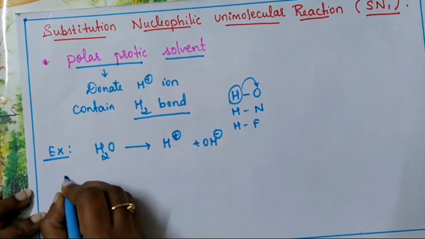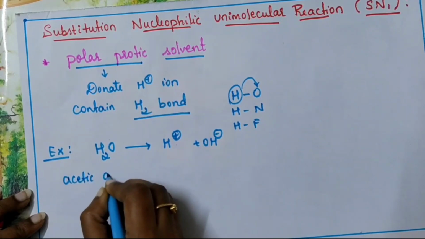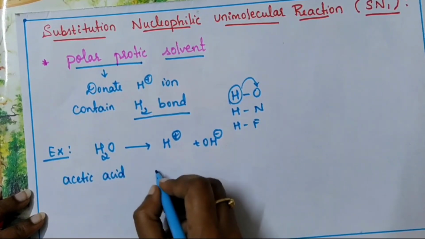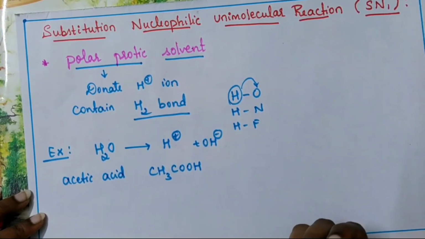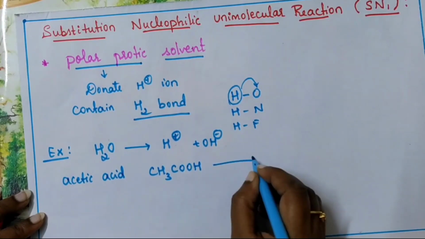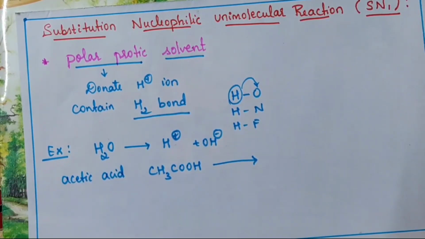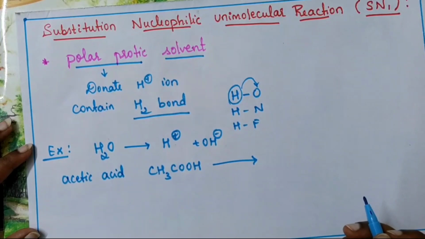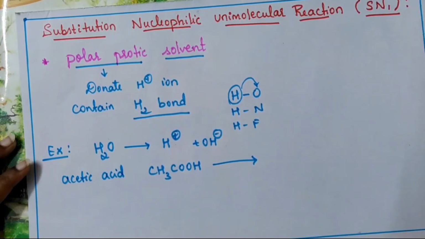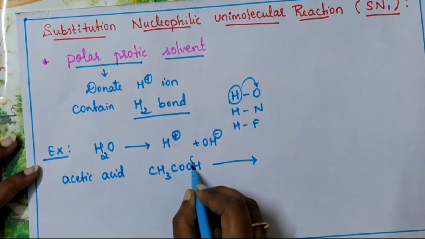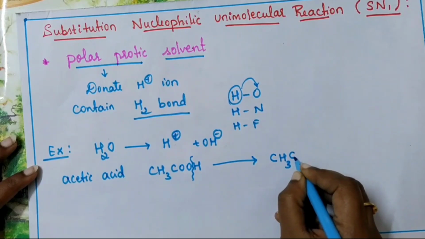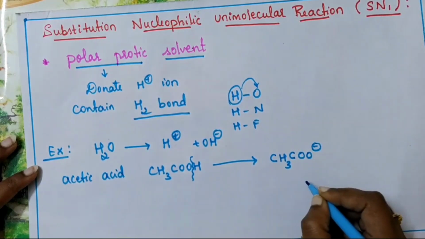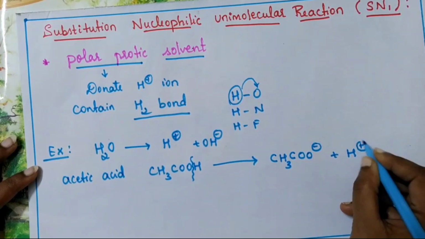You can also consider one more example, that is acetic acid. How do you write acetic acid? CH3COOH. This is the formula of acetic acid. You know that when this acetic acid dissolves in water, it will undergo ionization, no? When it undergoes ionization, what is it going to form? Two different ions. One is positive and the other one is negative. The bond between this oxygen and hydrogen will break. So you are going to get CH3COO minus along with H plus.